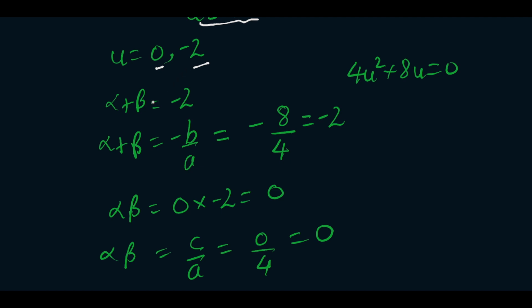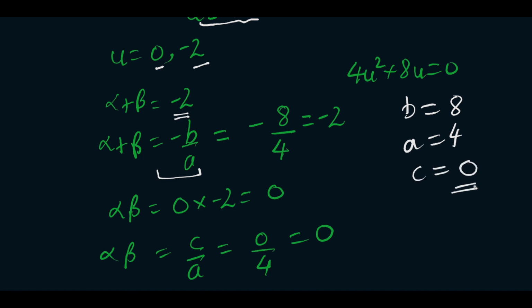So alpha plus beta will give us minus 2. We need to verify that alpha plus beta is equal to minus b by a. Here b is 8, a is 4. We do not have a constant term here, so c is 0. So minus b by a will give us minus of 8 by 4, which is equal to minus 2.